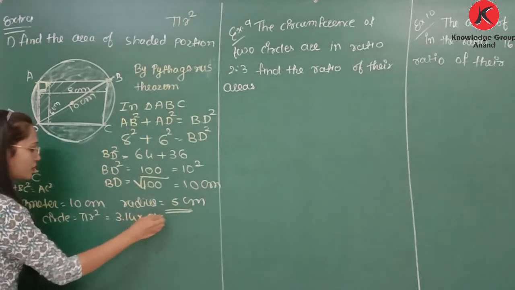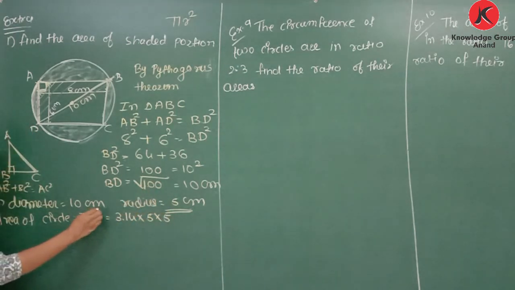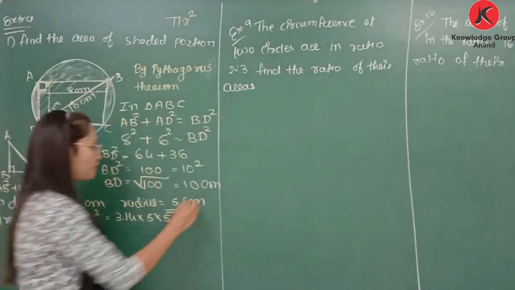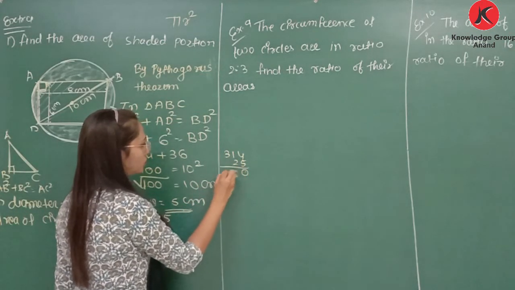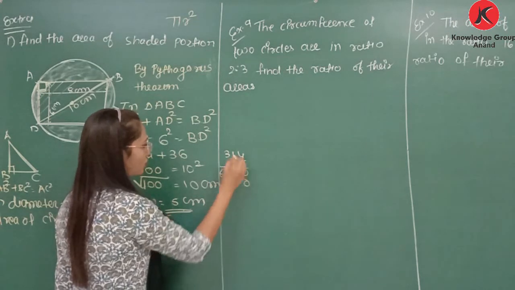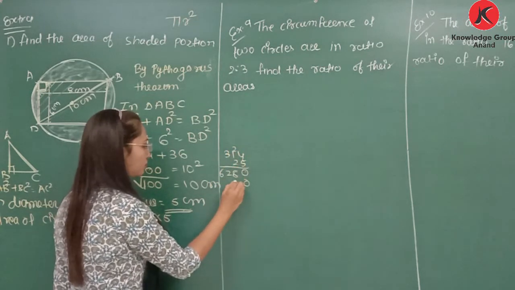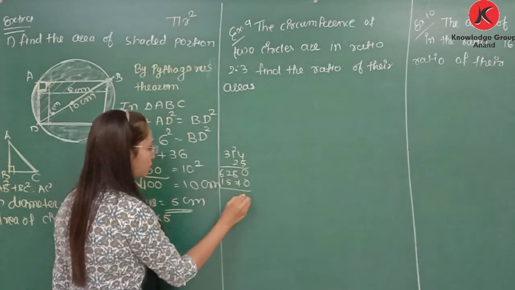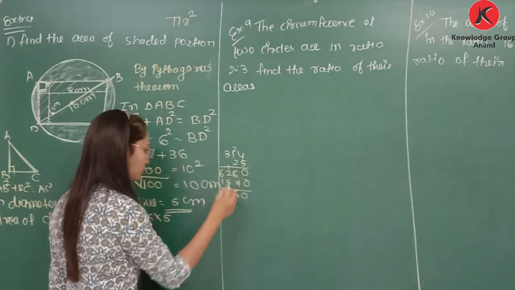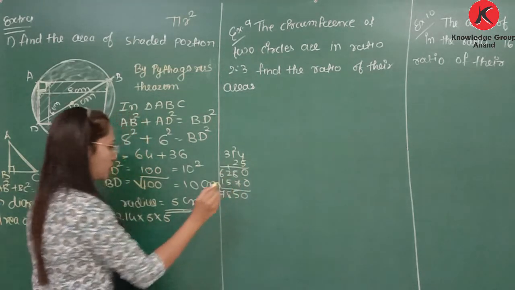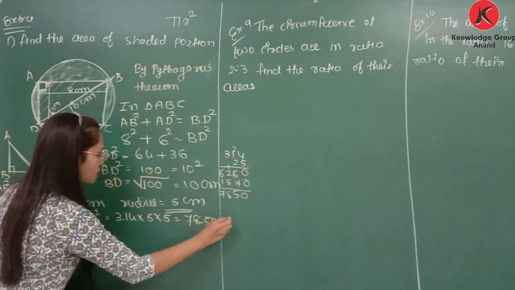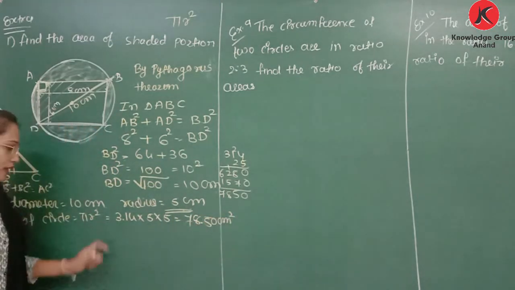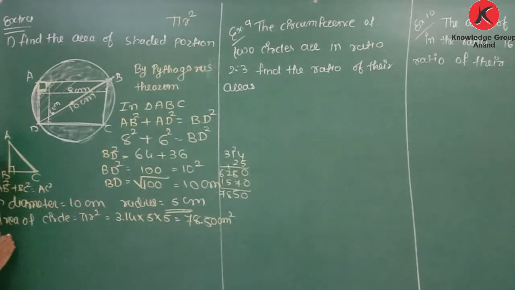Radius is 5, r square means 5 multiplied by 5. So multiply 3.14 with 25. It is 78.50 centimeter square.